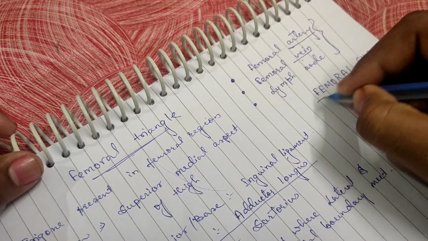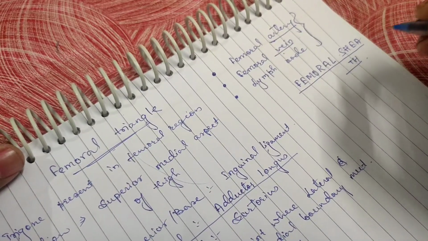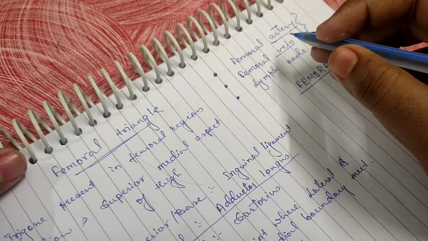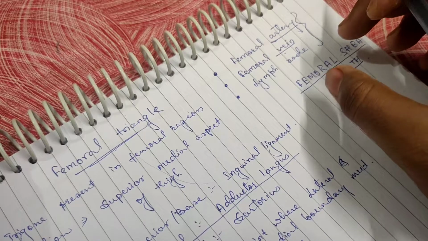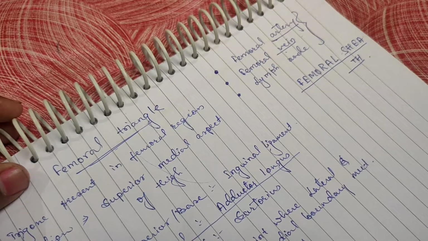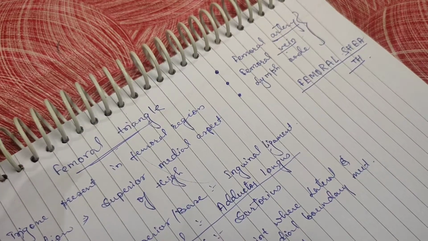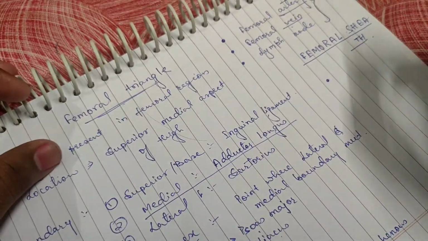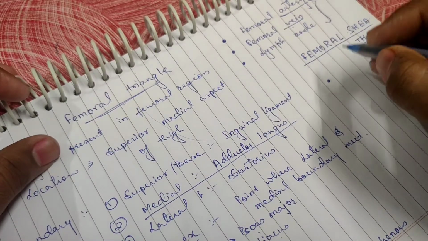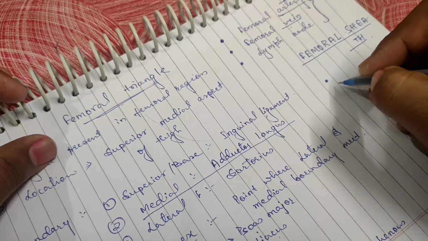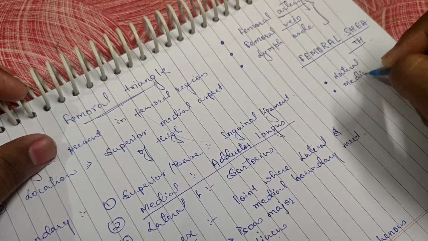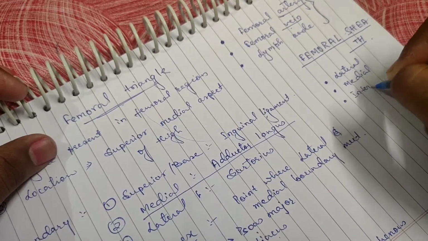Okay, so what is the femoral sheath? The femoral sheath is a fibrous sheath which holds these three contents together, so that they get tied up and won't get displaced from their position. So this is an important highlight here. Now the contents of the femoral triangle are divided into three compartments. The first is the lateral compartment, then the medial compartment, and the intermediate compartment.